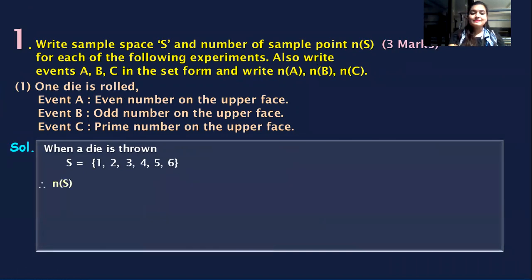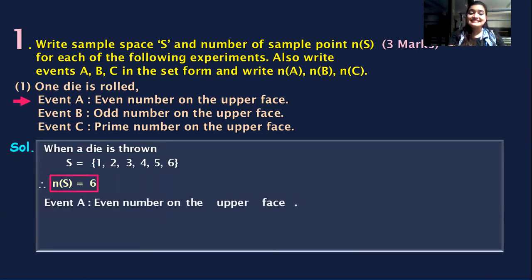So N of S will be 6. After this, you will write the events. Event A says even number on the upper face. So select even numbers from the sample space: 2, 4, 6. So N of A is 3.